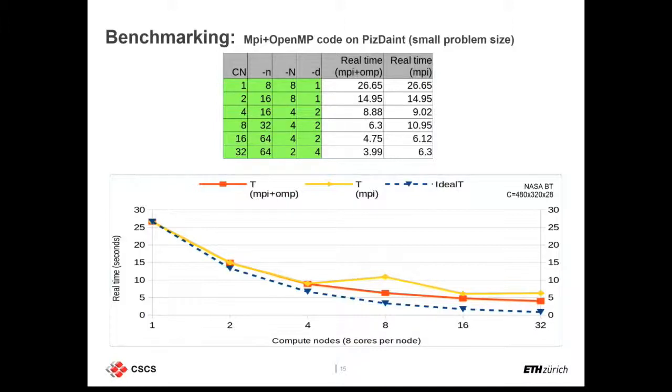I have two versions of the code, and the results show that the execution times of both versions decrease with the number of nodes, and the MPI only version of the code, here in yellow, is a little bit slower than the version that uses MPI and OpenMP.